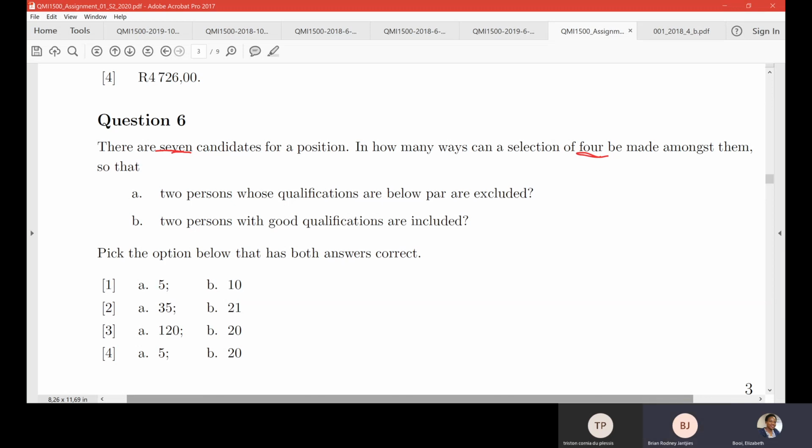Here they are giving us preference of who we need to exclude and who we need to include in the 4 persons we need to select for the position. Since they are mentioning this, they are giving you the preference that they don't want those 2 people to be included. So there is a preference. So this then becomes a permutation question. It's not a combination question.